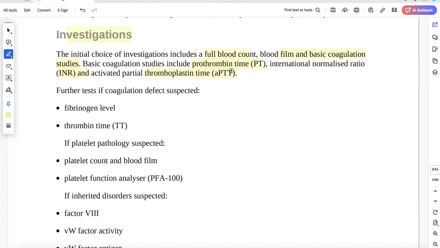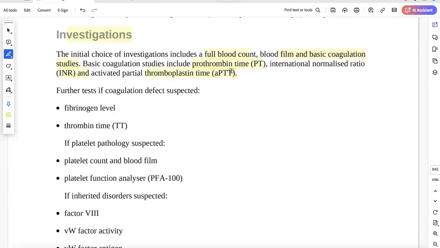Now, these pathways work together to form a clot after you bleed. So again, the prothrombin time represents the coagulation factors in the extrinsic pathway, and the main thing in the extrinsic pathway is factor 7. You know about all the 12 factors.